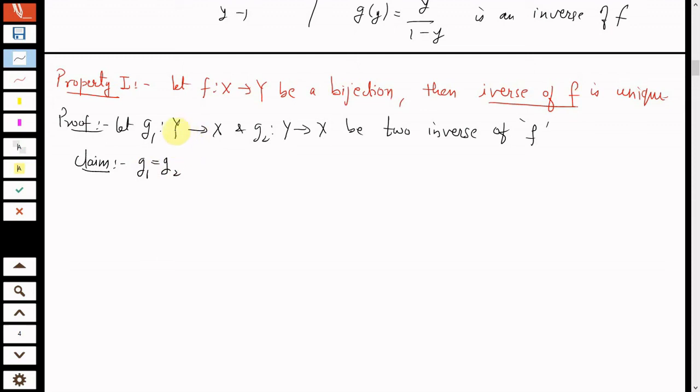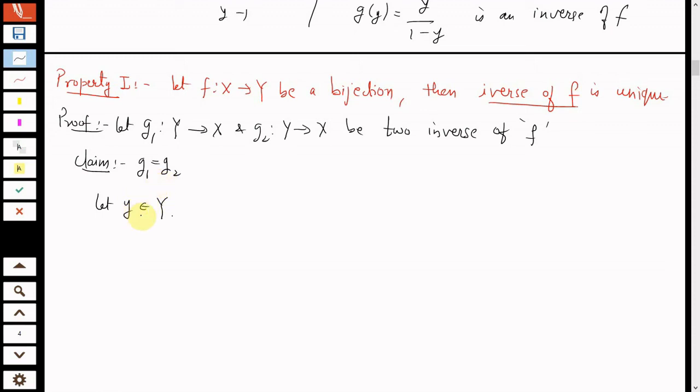Now the domains of g1 and g2 are the same, as well as the codomains of g1 and g2. So the only thing we need to prove is that at any point in the domain of g1 and g2 the image is the same. So let me take y in Y. I need to show that g1 of y is equal to g2 of y.